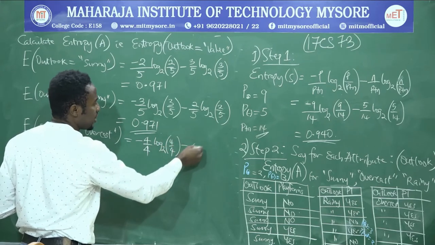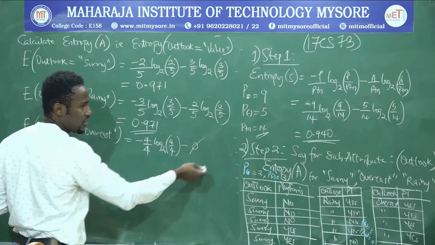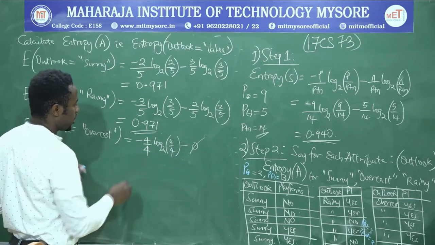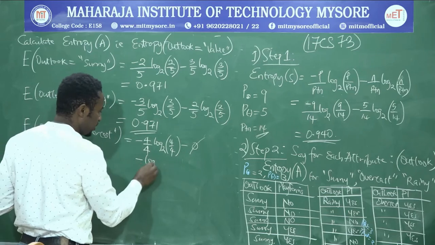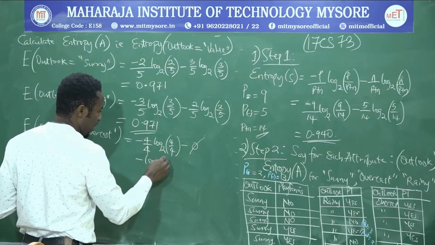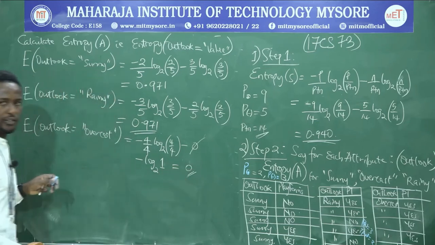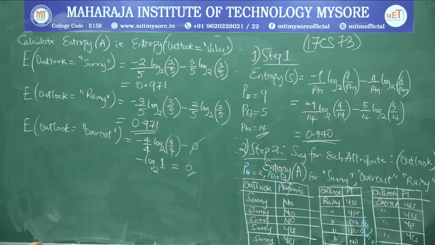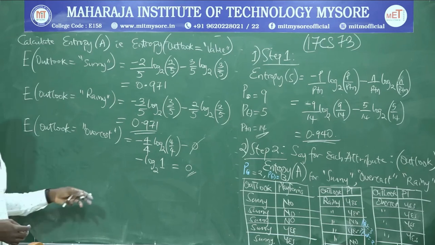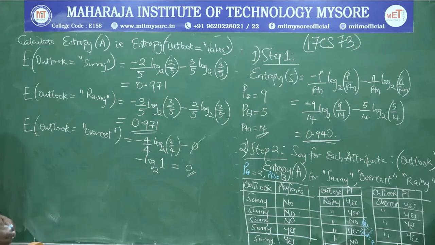The rest is 0 only, since we are multiplying, so that is gone. So minus log 1 to base 2, you will get 0. That's how we get this. So this is done.